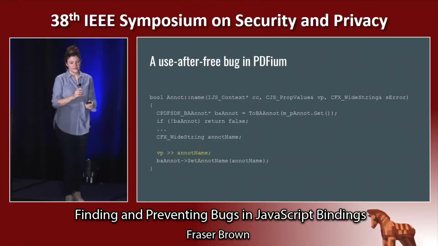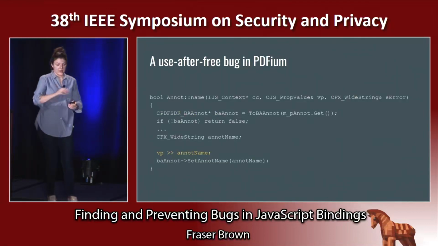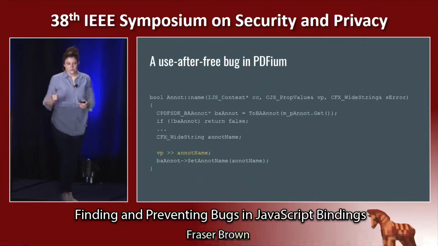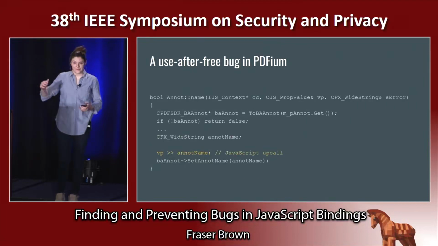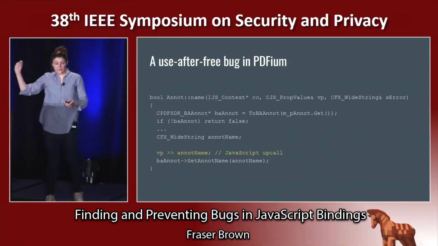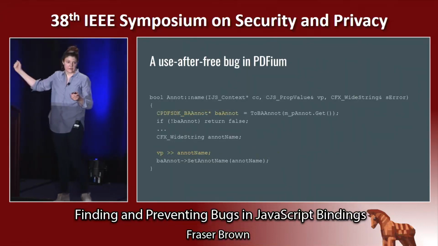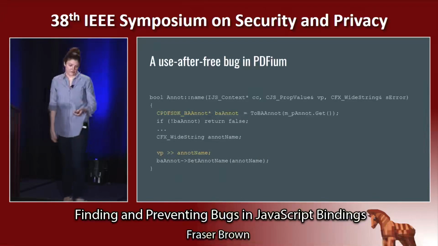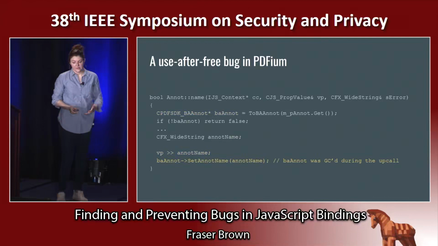It's supposed to be assigning VP to be the new annotation name, but PDFium has overridden that write shifty operator to be an assignment operator and to call into V8 functions that upcall into user JavaScript. So this line here upcalls into user JavaScript. And in user JavaScript, we can remove that annotation field. Just get rid of it from the PDF, force garbage collection, and then on this line here, BA_annot no longer exists because it was garbage collected during that upcall.